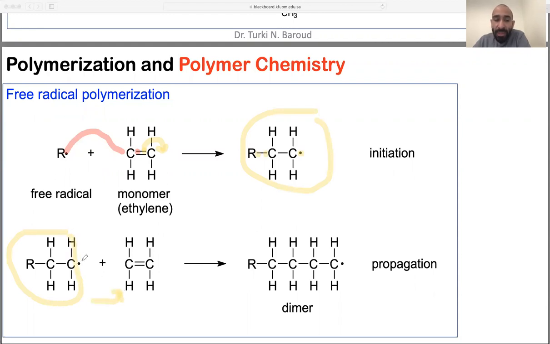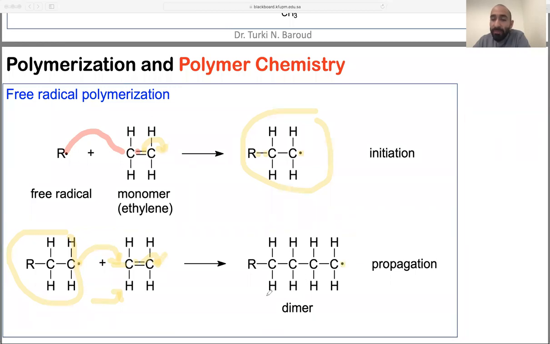This free radical, or free electron, is going to attack this carbon and break this bond to create the bond over here. The free electron will come to this end, and at the end of the day this part is connected to this part, and the free electron comes to this side.